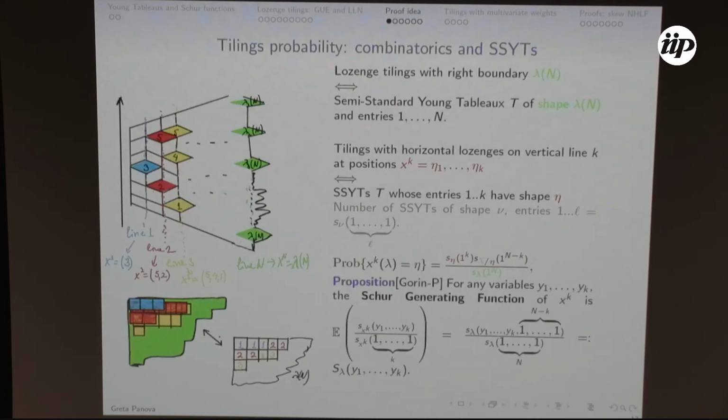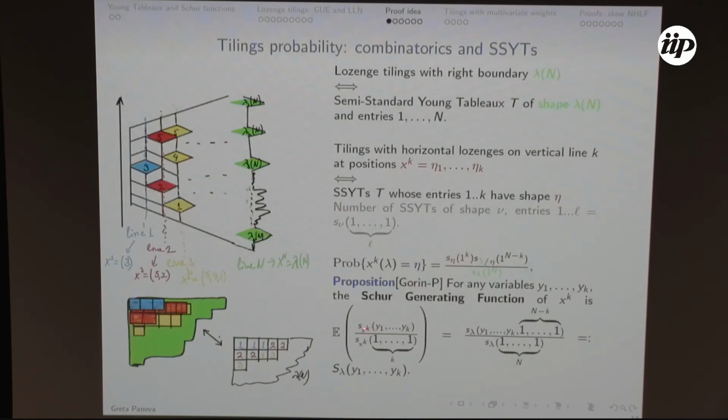And then one can form something that we call the Schur Generating Function, or generally another version of a moment generating function. We have some formal set of variables y1 up to yk. Then this xk is a random variable, so the random vector, the positions here.